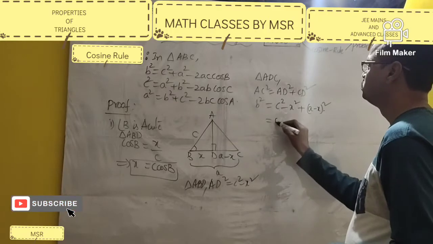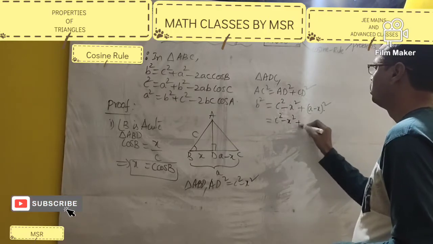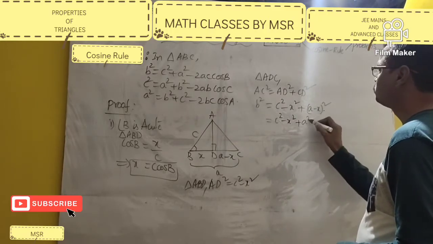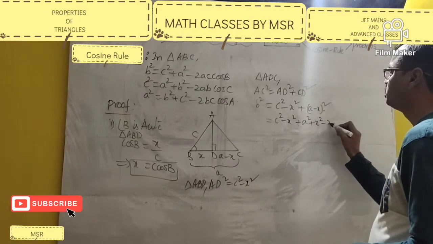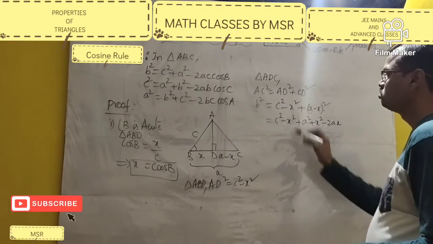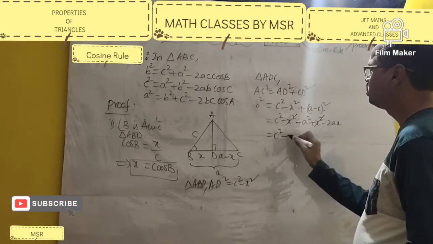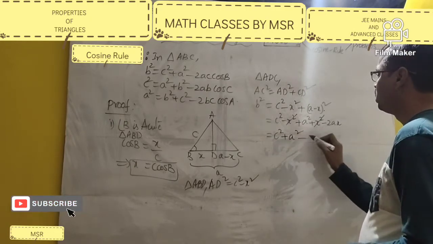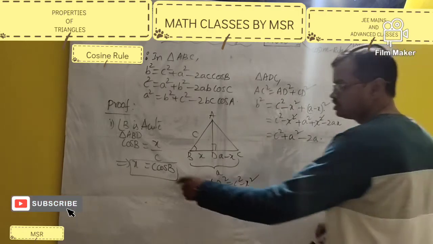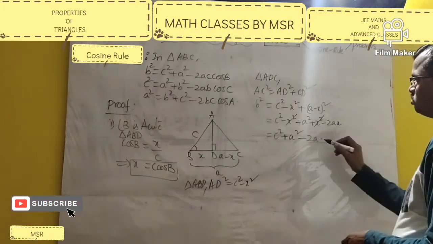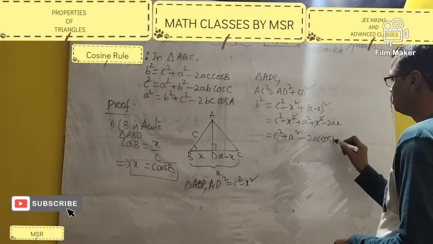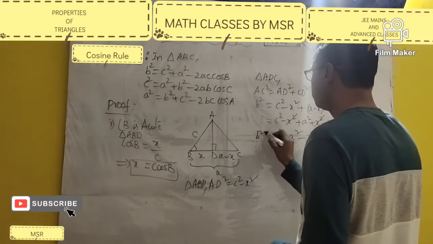Now it becomes c² − x² plus the expansion of (a − x)², a² + x² − 2ax. So −x² and +x² cancel. You will get c² + a² − 2a times, what is x we got already, c cos B.